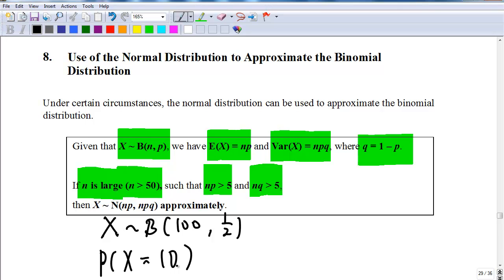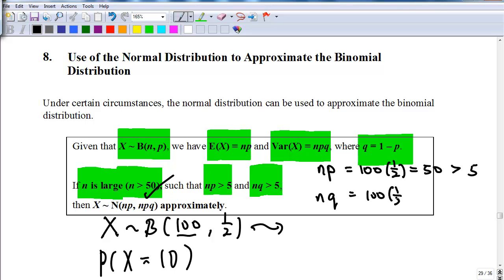Now, let's say I want to approximate this with a normal distribution. Let's see whether the conditions are true. First of all, I need to check whether n is large. n is 100, which is definitely bigger than 50, so the first condition is true. The second and third conditions involve np and nq. np is 100 times half, which is definitely bigger than 5. nq is also 100 times half, and that is also bigger than 5.